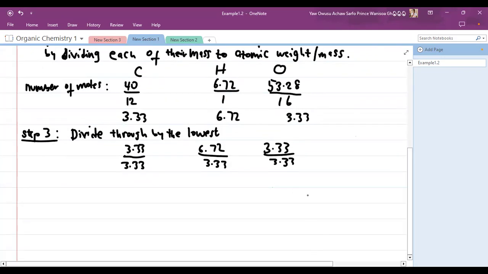So here our answer is 1, here is 2, and here is 1.